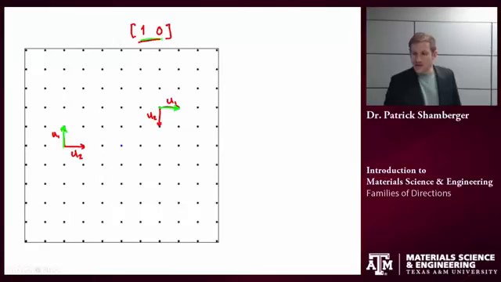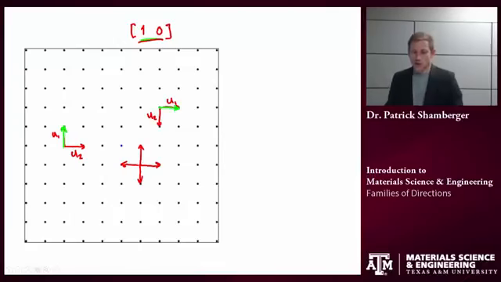Remember, the family of directions is the set of those that are totally crystallographically equivalent. If I'm sitting at a lattice point and I look out, this direction looks the same as that direction, the same as that direction, the same as that direction.